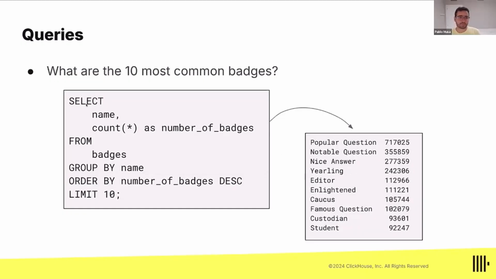So, what are the 10 most common badges? Select name, count star as number of badges, from badges, group by name, order by number of badges descending, limit 10. It gives you all the badges with the count. This is ANSI SQL.